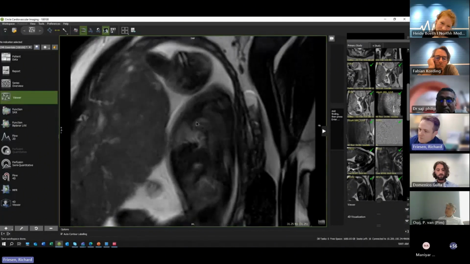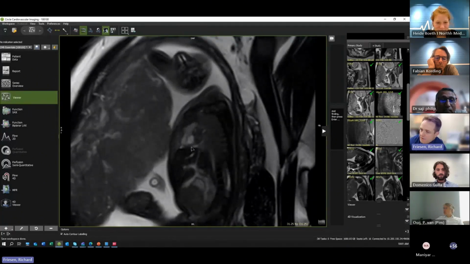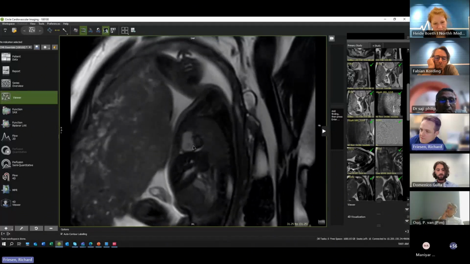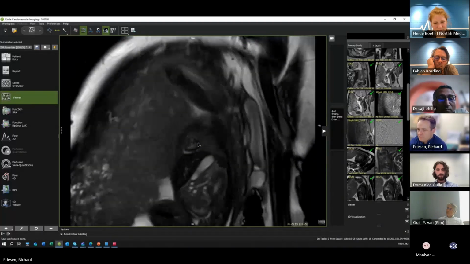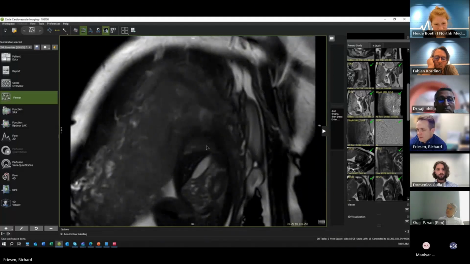Not every image is perfect, but we do see a little bit of dephasing artifact near that descending aorta. And another nice look at our tricuspid valve on this view, our right ventricle that is squeezing well, and our hypoplastic left ventricle that does have some cavity to it, but not a lot of inflow or outflow, consistent with mitral stenosis and aortic atresia.